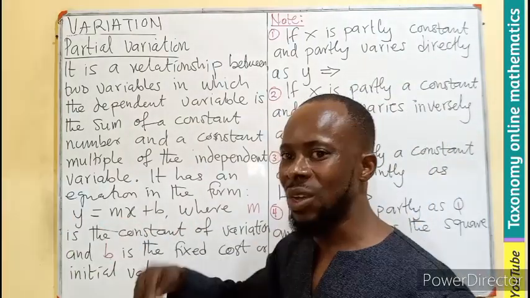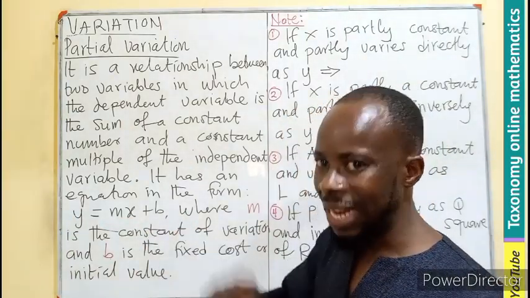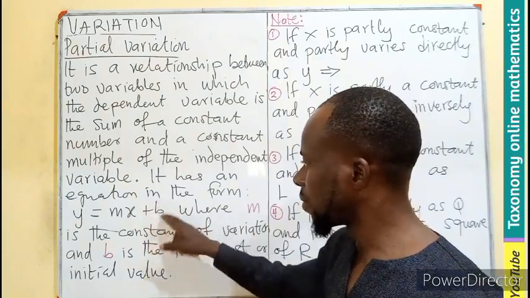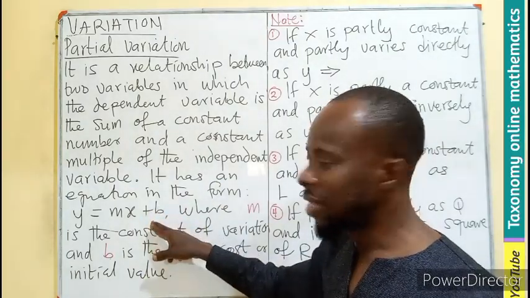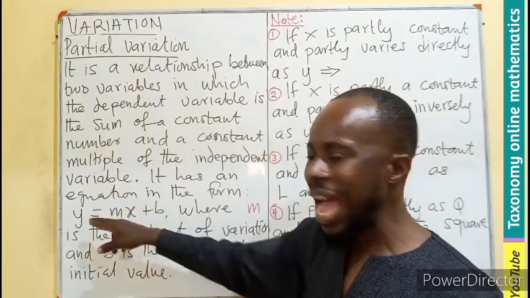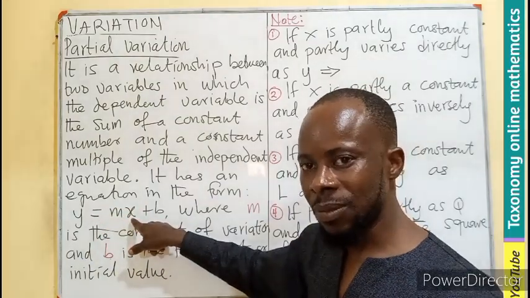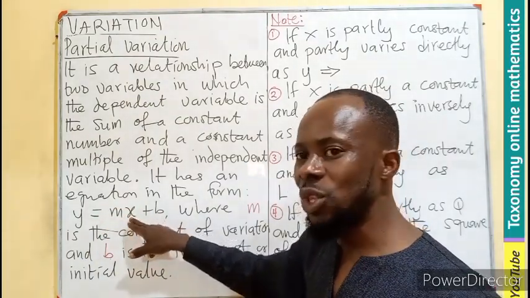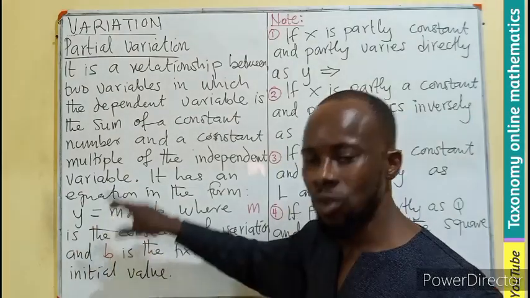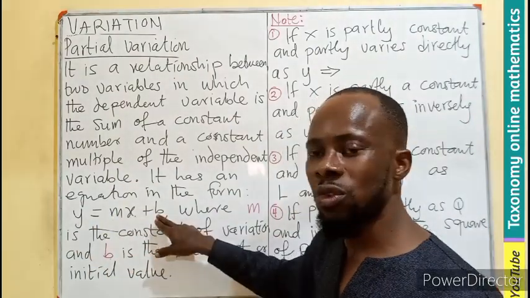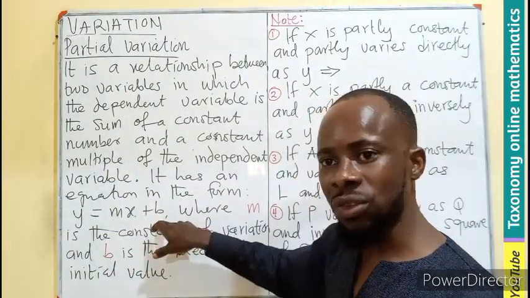So if y is the one varying partly as a constant b and partly directly as x, the x is now going to be the multiple of this constant. So m is a constant, and this is also a constant, the fixed constant.